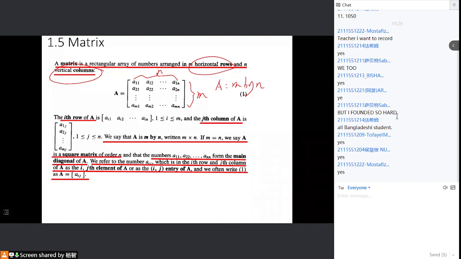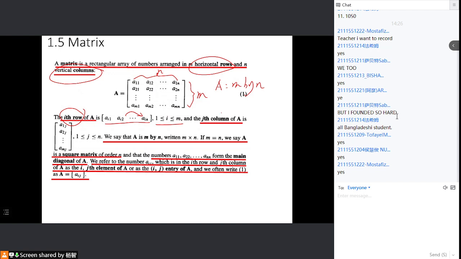And the ith row is expressed like this: Ai1, Ai2 until Ain. And i is in the range of 1 to m because we only have m rows.